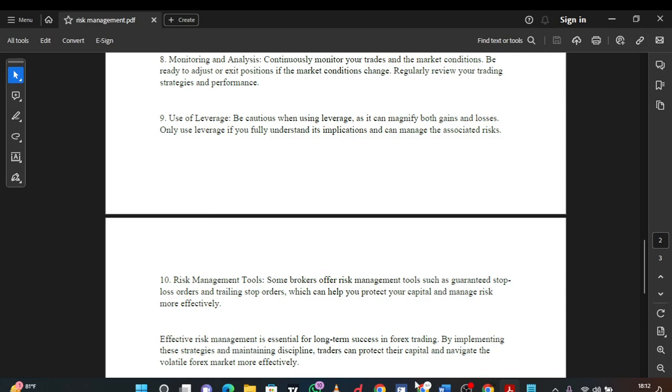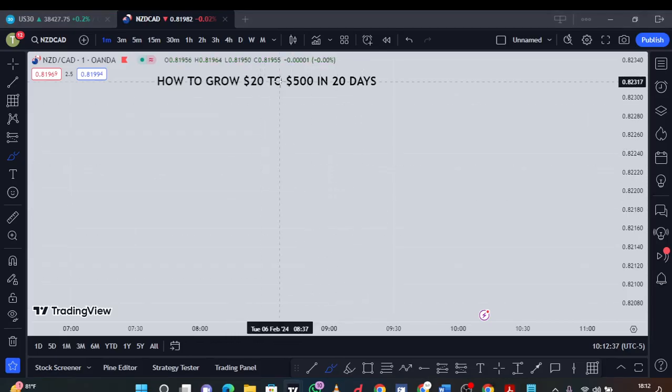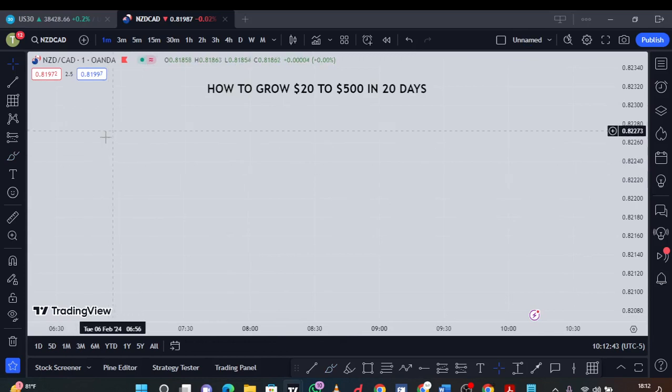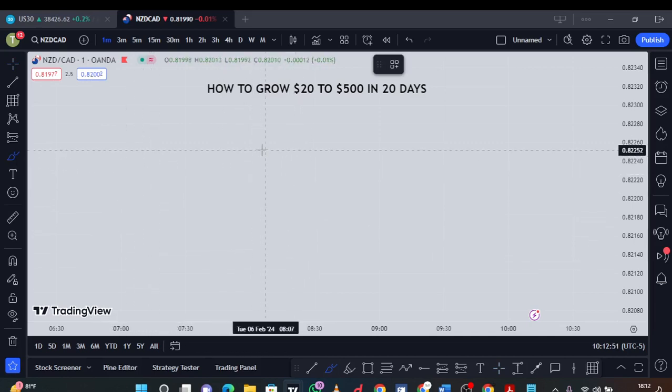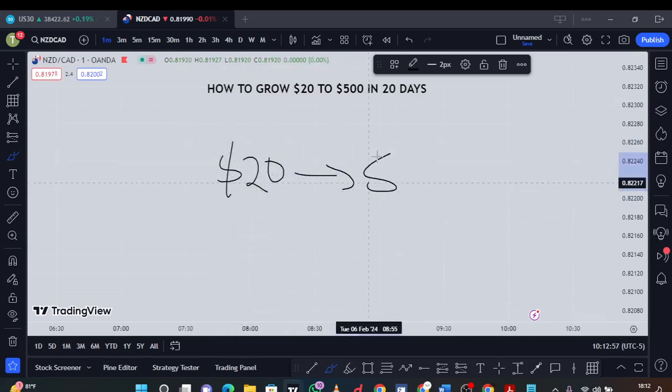So let us go back to our trade. Let us come back here and understand how we grow that small account of ours. Like I told you before, I'm going to go back and display for you our plan. We want to grow this one from $20 to $500 in 20 days, which is very easy.